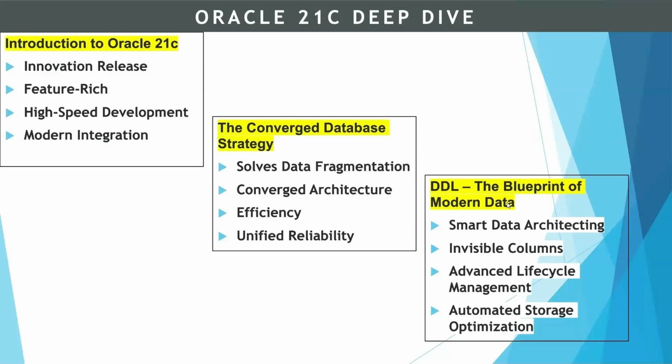For example, invisible columns allow us to add fields that only new apps can see, meaning we don't break our older applications during an update. Furthermore, automated storage optimization means the database actually watches how often data is used. If an index or table goes cold, 21c can automatically compress it, move it to cheaper storage, and save us money without us writing a single line of code.